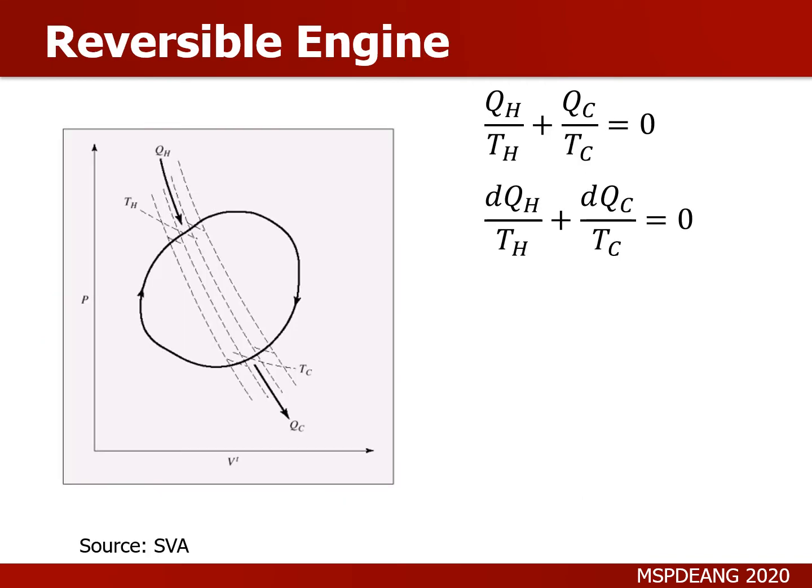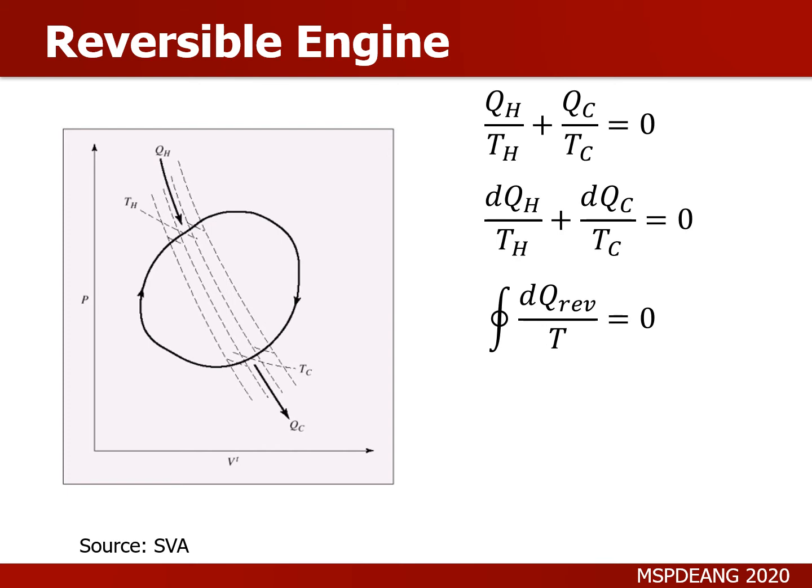So again, for any hypothetical reversible heat engine, all properties will return to their original state once the cycle has been completed. So since dQH over TH plus dQC over TC is equal to 0, or the cyclic integral of dQ reversible over temperature is now equal to 0.